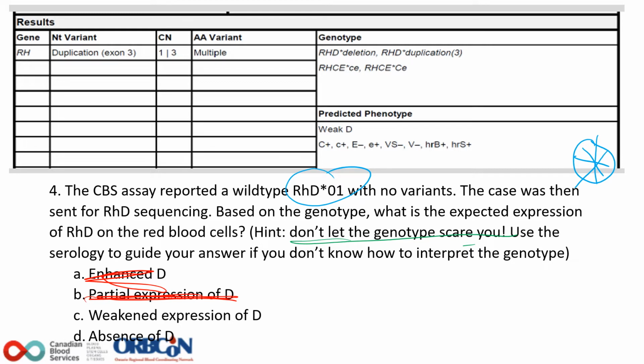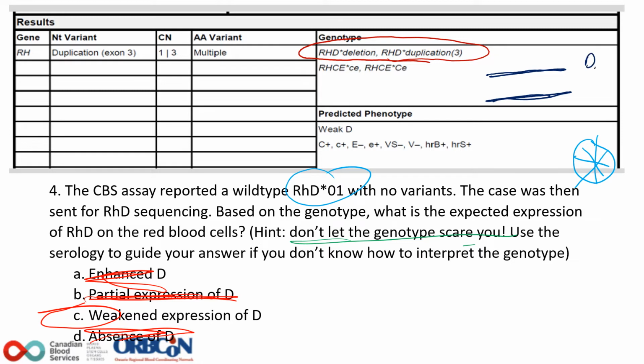The pizza pie was just smaller. And we know there's not an absence of D because we're seeing weakened expression. So the answer is C. And when we now go back and look at the genotyping, what we have is this one right here. So what it's saying is that we've got two alleles, okay?